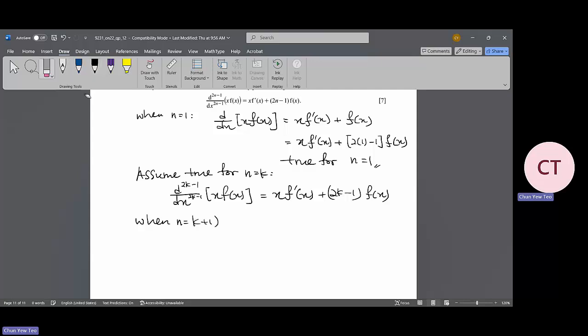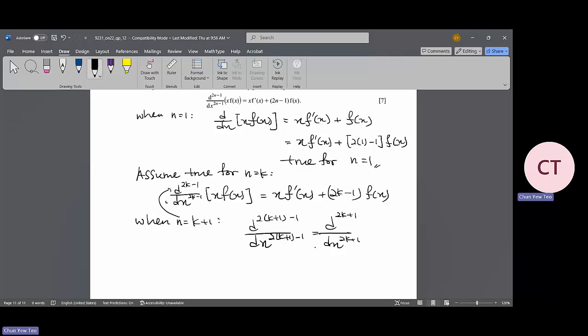Over here, you have to be aware that when n is equal to k plus 1, and you put the k plus 1 inside here, it will become the power of 2(k plus 1) minus 1 over dx 2(k plus 1) minus 1. So this actually will give you d 2k plus 1 over dx 2k plus 1.